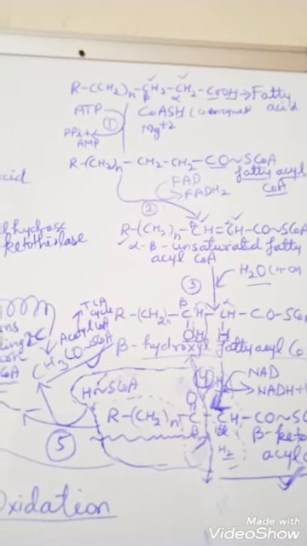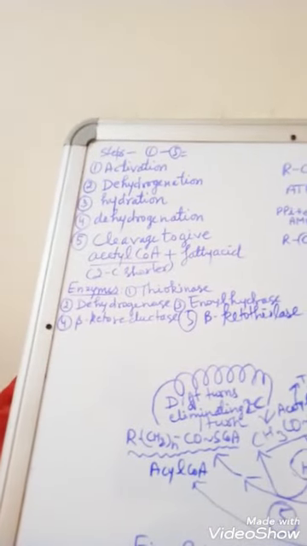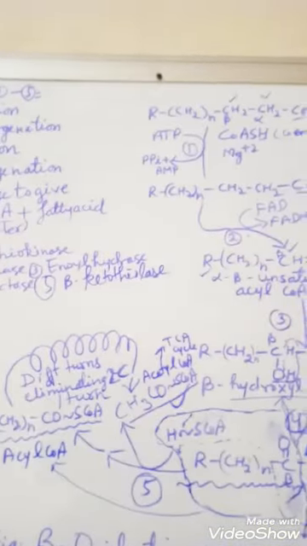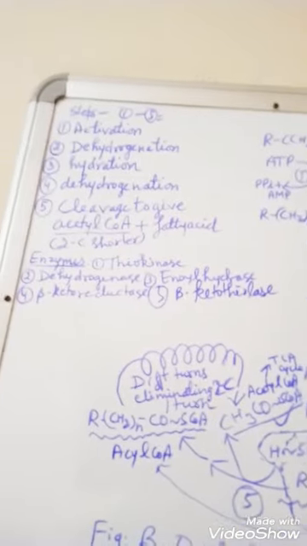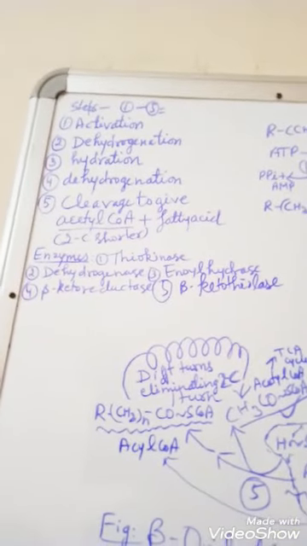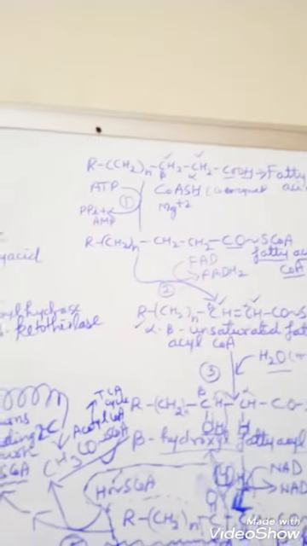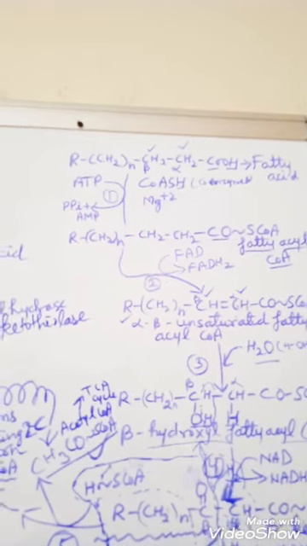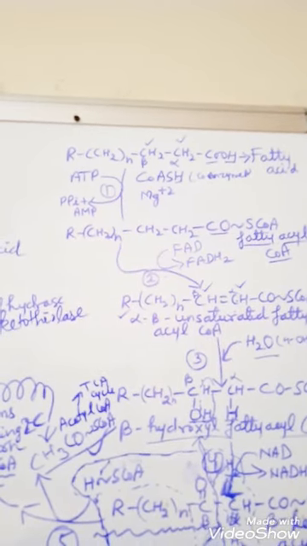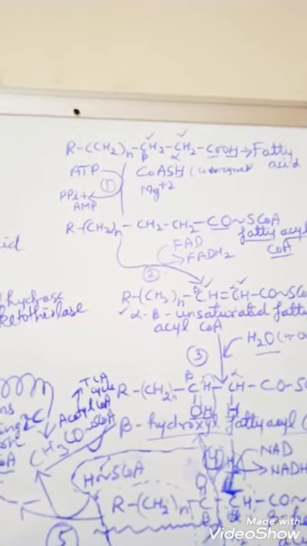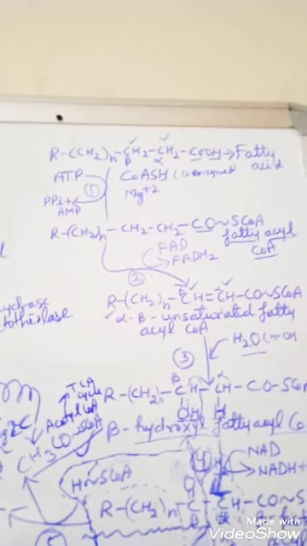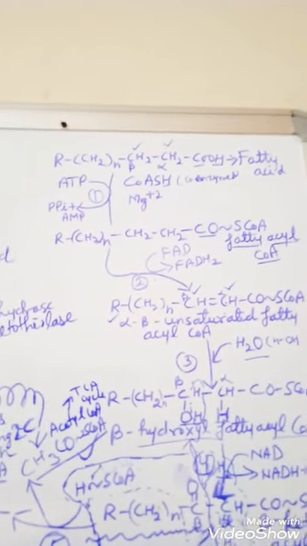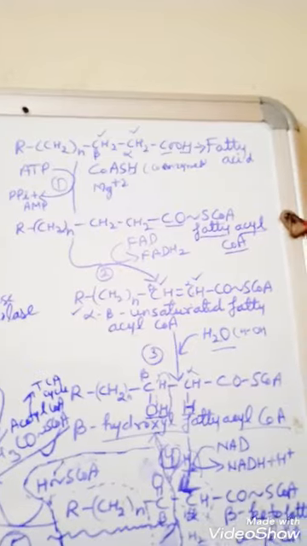For this you have to always keep in mind that these are the major steps and these are the enzymes, and during each step there will be a role of the particular enzyme. So add the role of the enzyme during each step, and the other elements and conditions present in order to convert the initial compound into the next step.